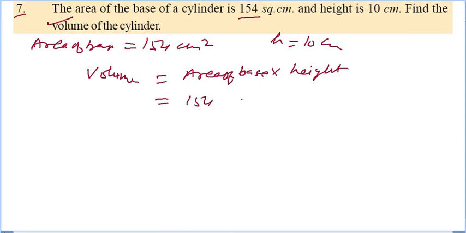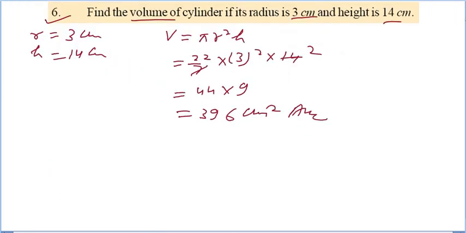Area of base is 154 centimeter square and the height is 10. So your answer is 1540 centimeter cube. That one is your answer. In this question, the answer is not in square, it is in cube. So correct this. It is in cube.